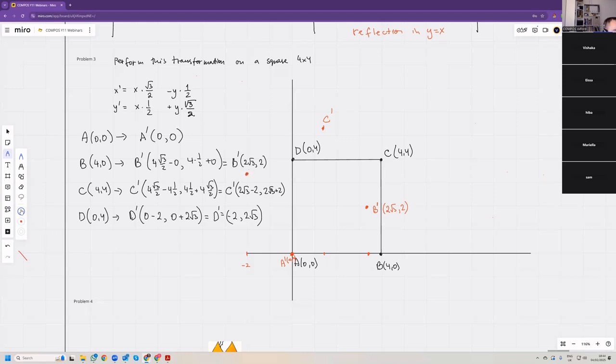Aha, interesting. So the new shape is like this. So what's the transformation?